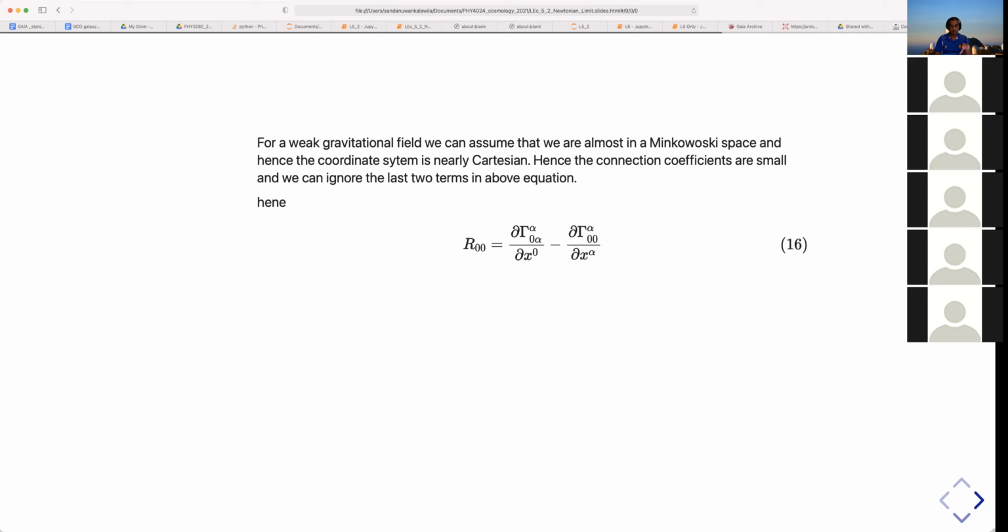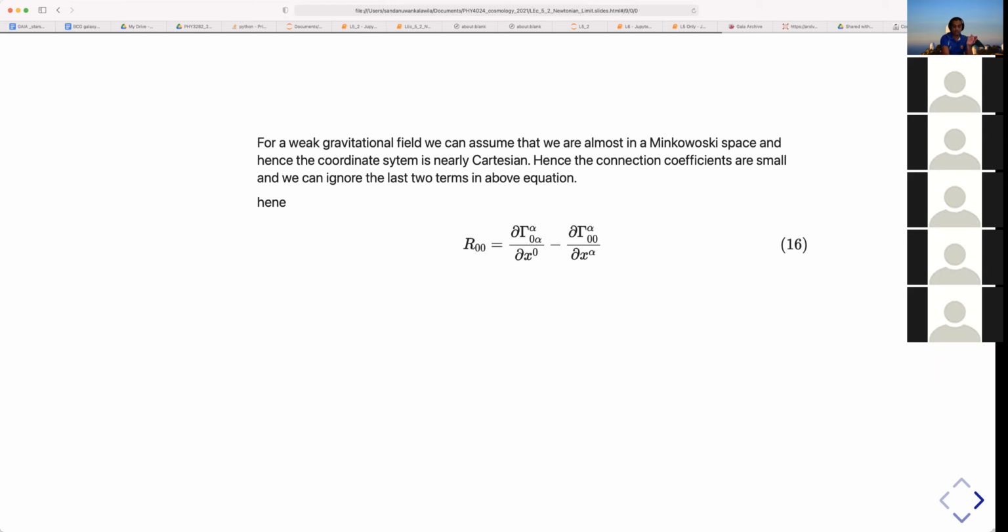And I am going to do the same thing by directly taking the Ricci tensor equation, the expression we have to calculate the Ricci tensor straight away. And again, I am going to reduce it by applying these conditions that are appropriate for Newtonian gravity. Right?